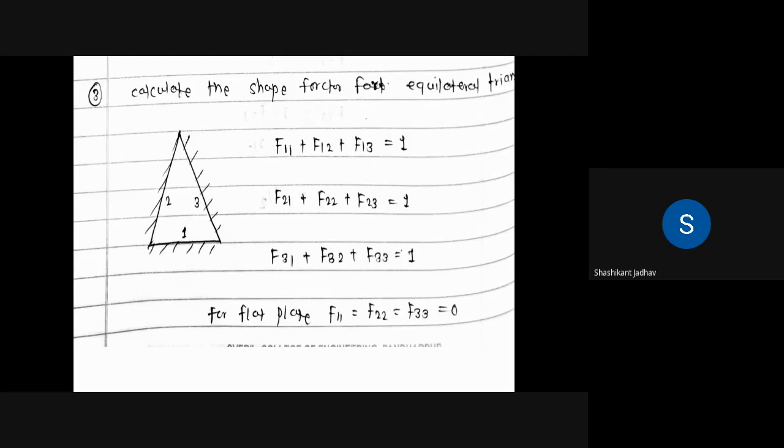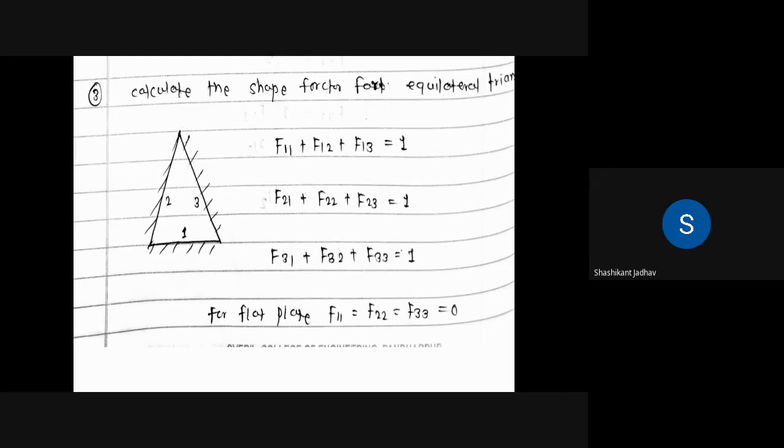The equilateral triangle has three surfaces, 1, 2, 3. This is the enclosure diagram because at the surrounding we have drawn dotted or hatched lines. What is the meaning of that? At the surrounding there is insulation, so heat transfer takes place only inside the object. So we have to calculate the shape factors for this equilateral triangle.